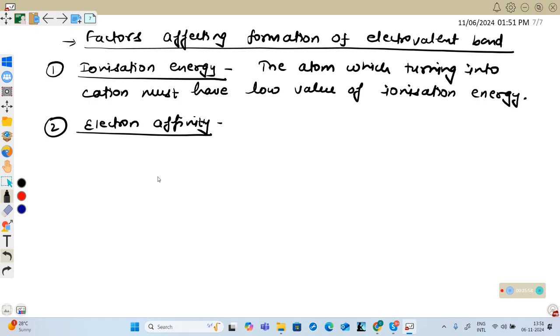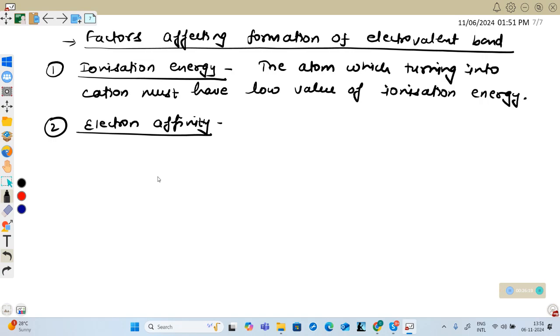Do you know, even for alkali metals and alkaline earth metals, energy is released when they accept electrons, except for noble gases. For every other element, the electron gain enthalpy is negative, because energy is always released.